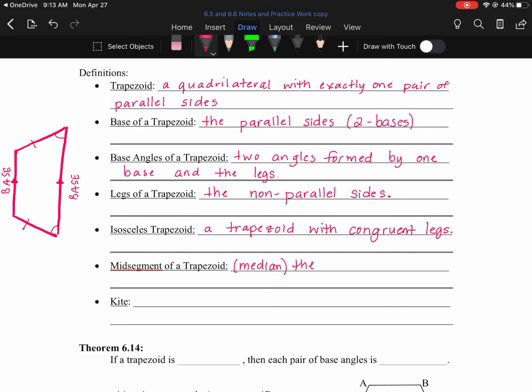It is the segment that connects the midpoints of the legs of the trapezoid.